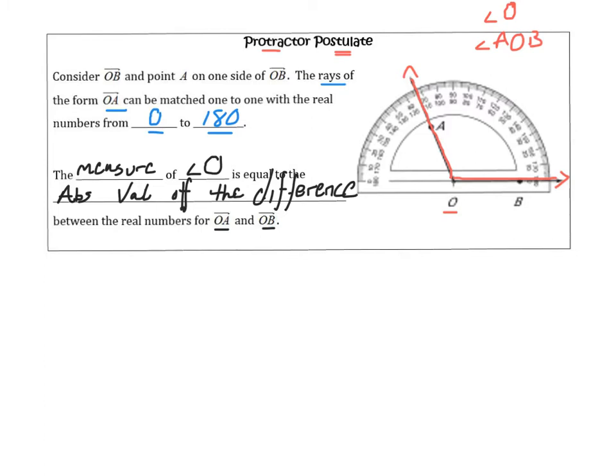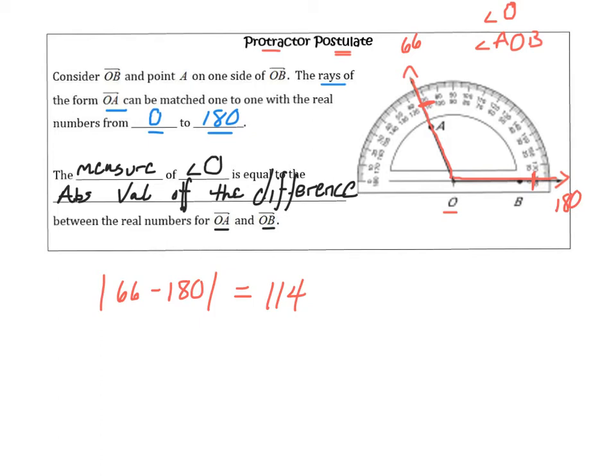So if I were to focus on the numbers at the top, it looks like this one is pointing to 66. And down here, obviously this one is pointing to 180. So if I want to figure out the measure of my angle, I would take the absolute value of the difference between those two numbers. That would tell me that the measure of my angle is going to equal 114 degrees.